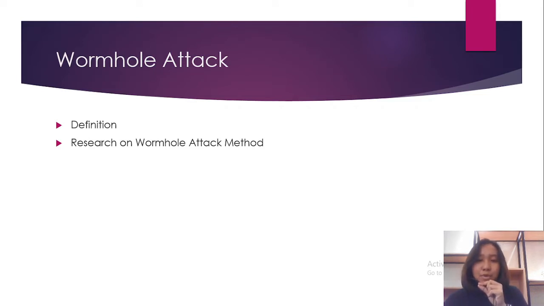Okay, the next one we will be presenting about wormhole attack. Wormhole attack is a type of denial of service (DOS) attack that misleads wireless sensor network routing operations, where two or more attacks are connected by high-speed off-channel links called wormhole links. DOS itself is produced by accidental node failures or malicious actions.